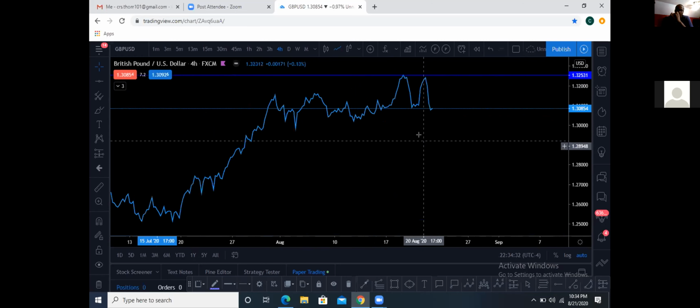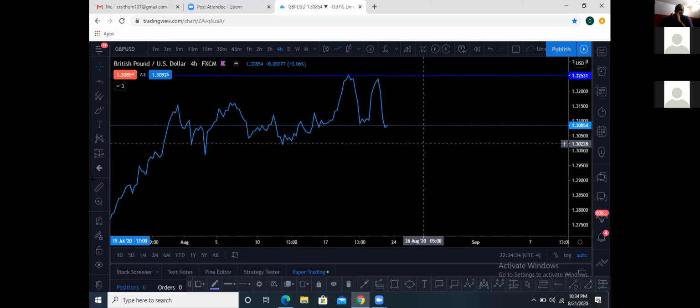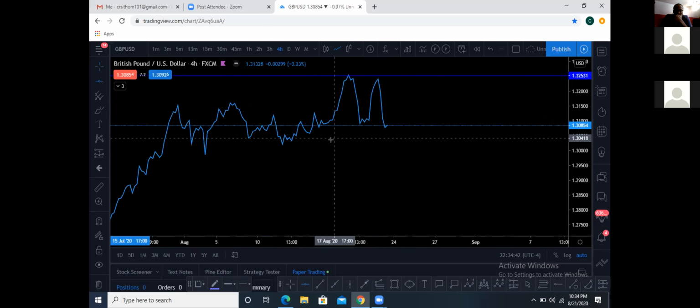And then you start to narrow. So I take my horizontal line again. This time I find another good support, I would say about right here.